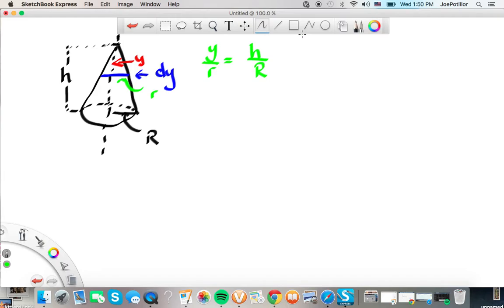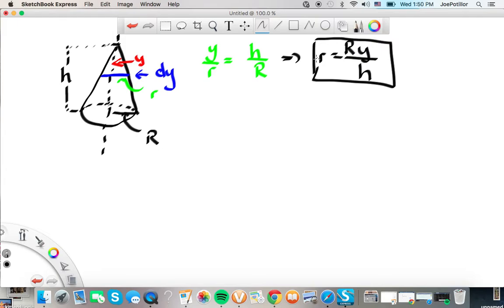That's just something to keep in mind. And of course, if we solve for the little r in this expression, we get little r equals big R times y divided by h.